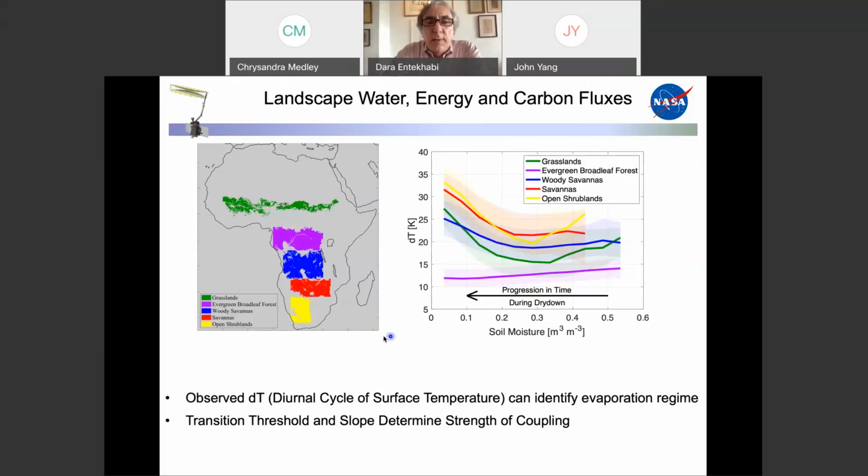sort of outline. So we don't have evaporation, but we do have surface temperature measurements.